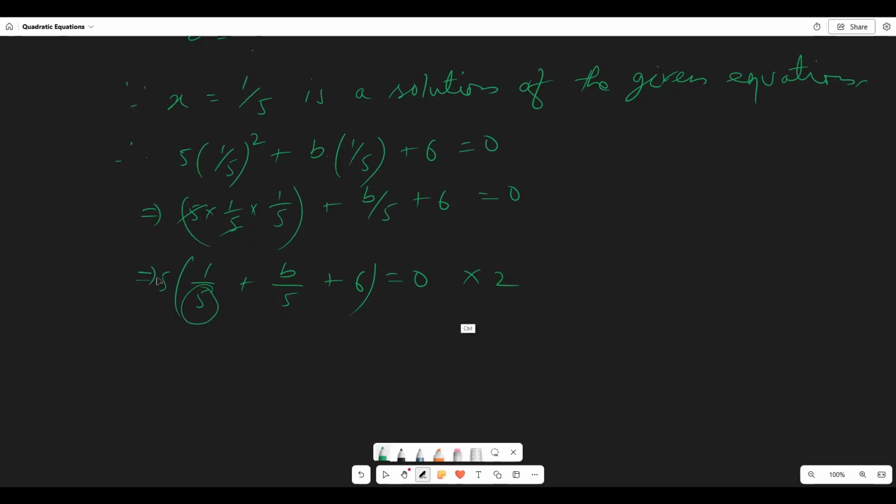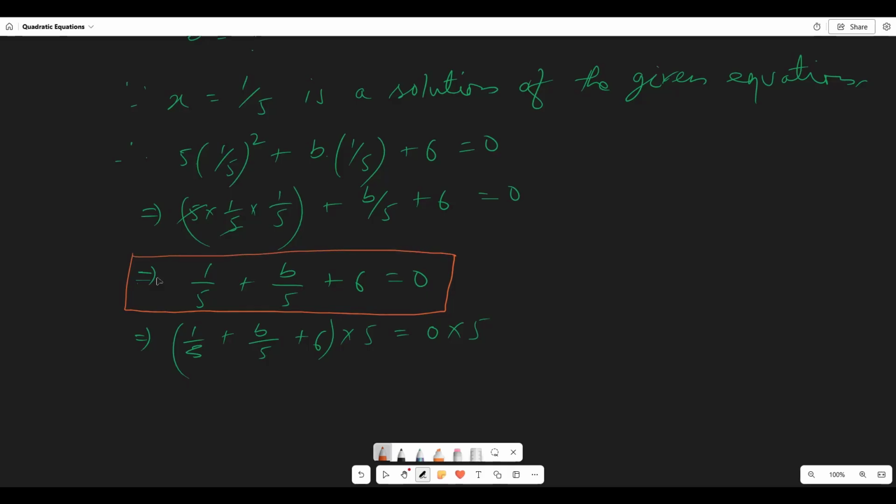Actually you can just do it in this step only, you can just directly write this line.